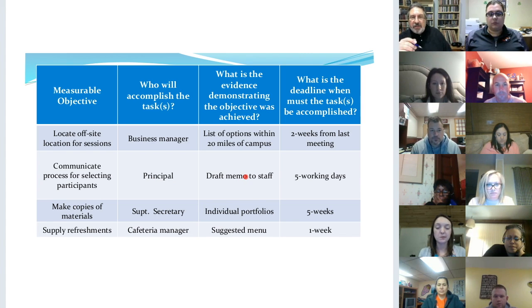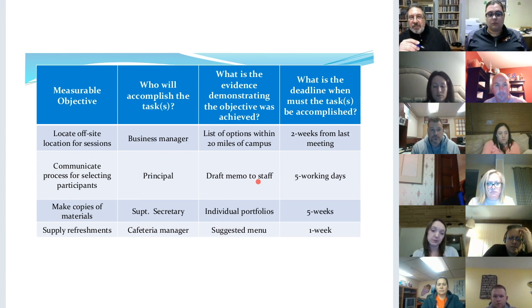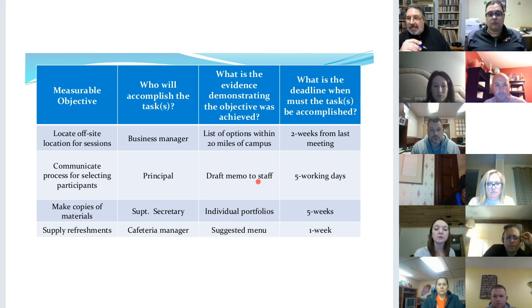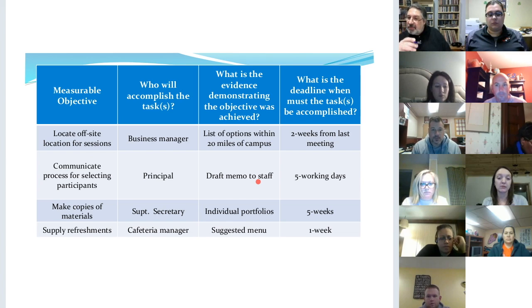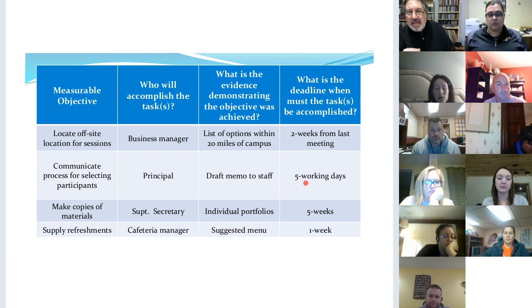And I might say there too, submit it to the superintendent or the group, share it amongst the group via email, so that we can see it. All right, and you've got to get that done in 5 days. So again, we're holding Scott accountable. We've delegated a task to him. It's measurable. We want to see the draft memo. He's not sending it out. The draft memo needs to be specific so that he doesn't send it out because he didn't understand. And I gave him 5 working days. Got to give him a reasonable amount of time.